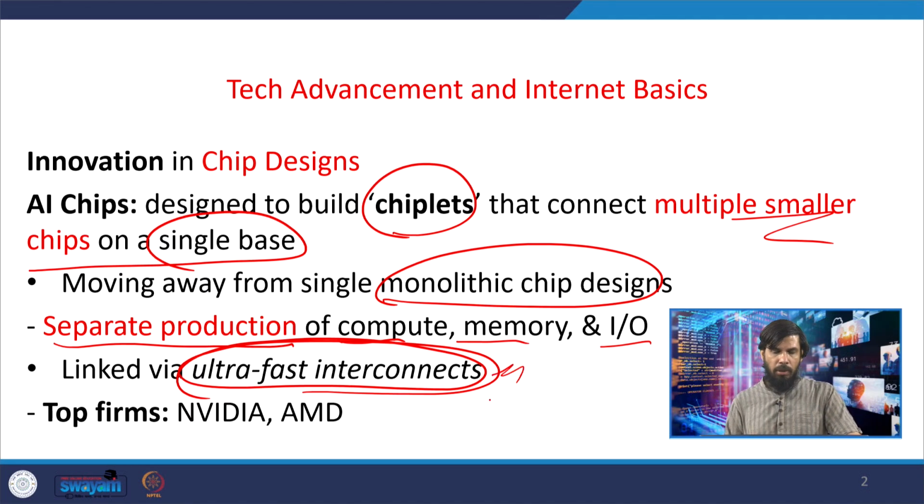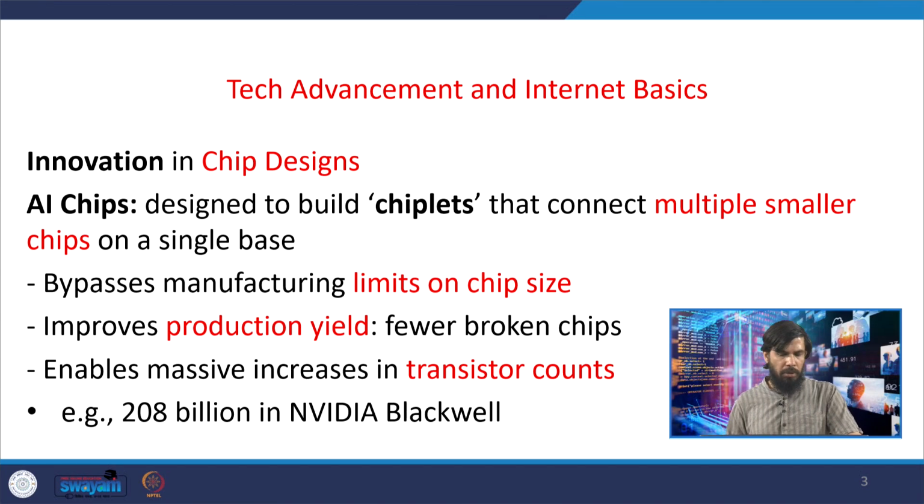What it does is take away the problem of overheating and all those issues, because you are using interconnects and smaller chips. So, some advantages come there. These advantages we talked about in the previous session: we are able to bypass the manufacturing limit on chip size.